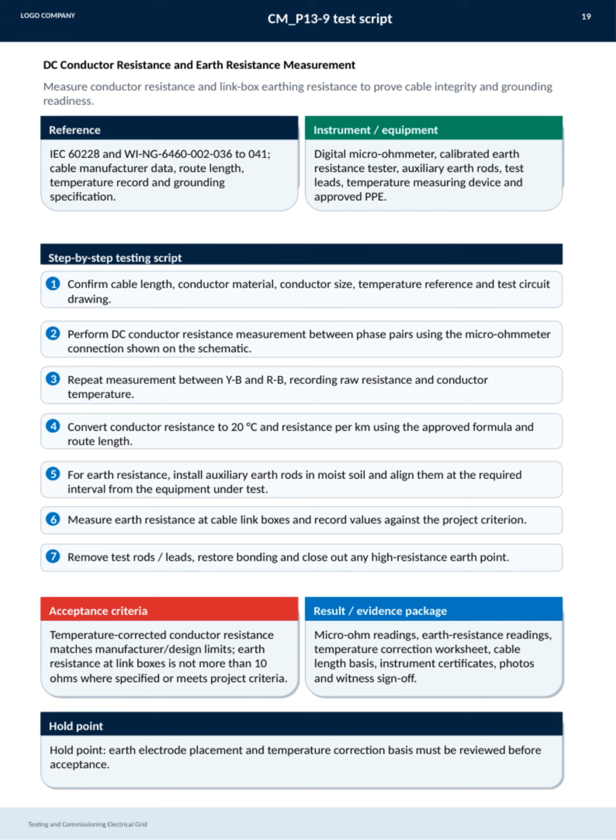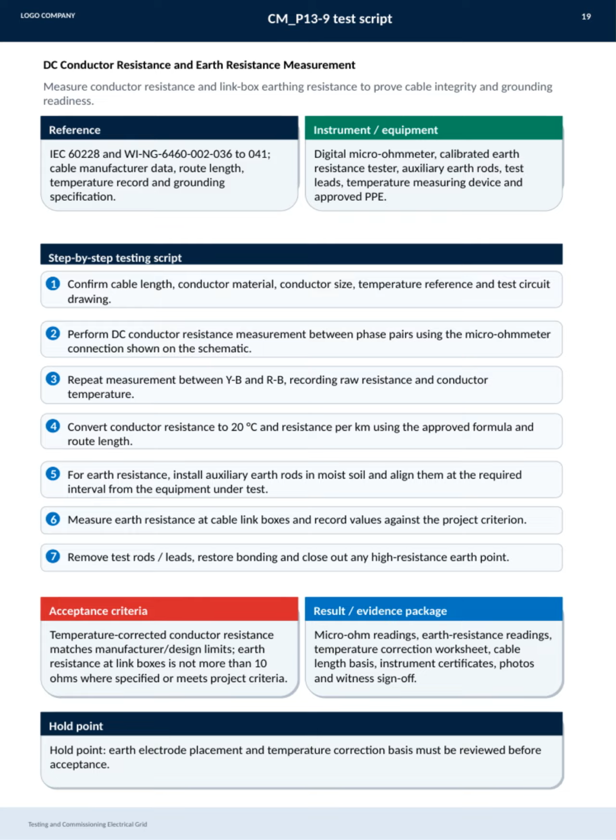After testing, all test rods and leads are removed, bonding is restored, and any points of high earth resistance are addressed. The acceptance criteria require that temperature-corrected conductor resistance aligns with manufacturer or design limits, and earth resistance at link boxes does not exceed 10 ohms or meet specific project requirements.